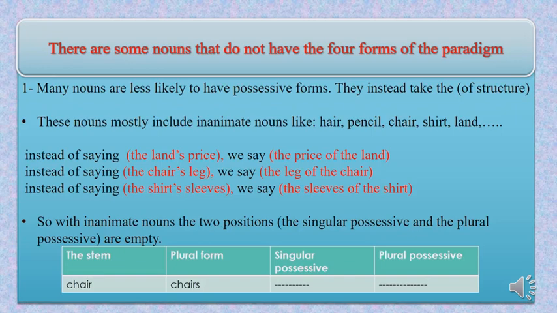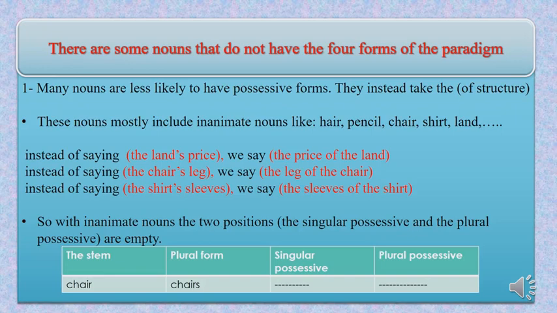And the reason is that inanimate nouns do not take the S possessive, whether as singular possessive or as plural possessive. Let's take an example. Chair. Chair is an inanimate noun. In the noun paradigm, we have the stem, chair, the plural form, chairs, and the singular possessive and the plural possessive are empty.